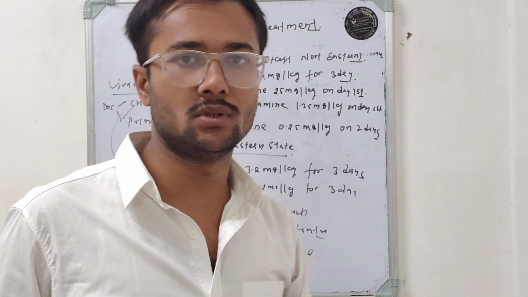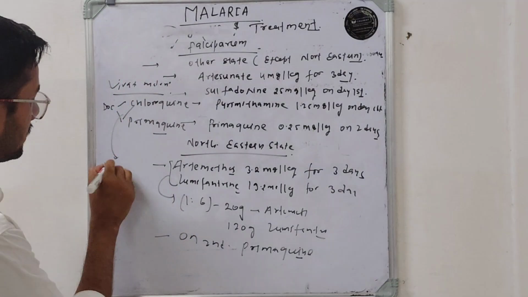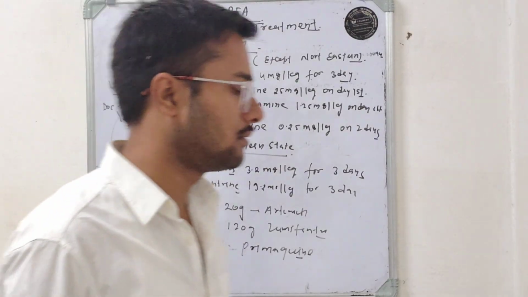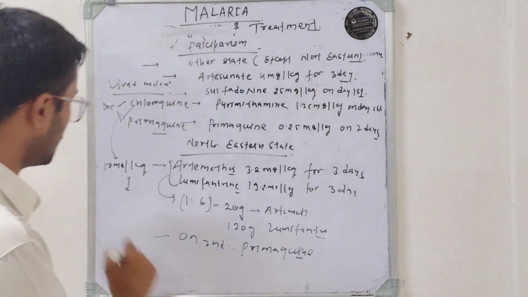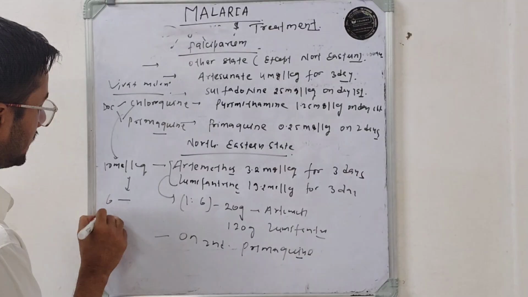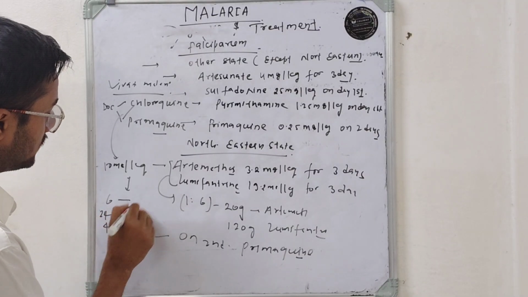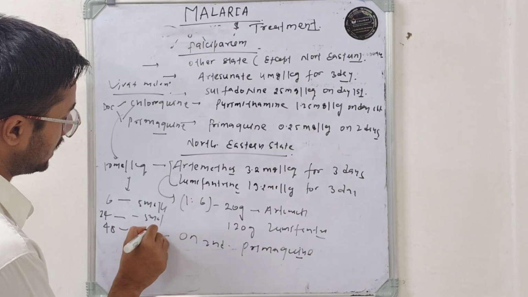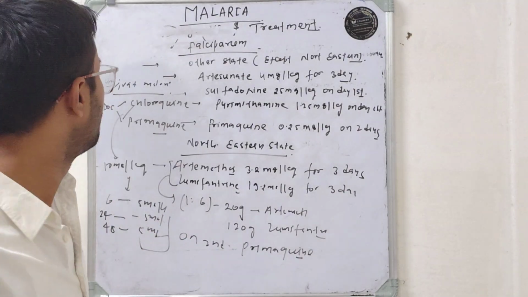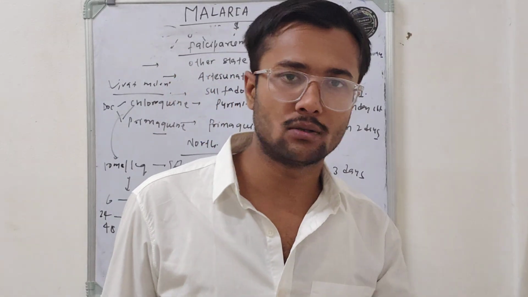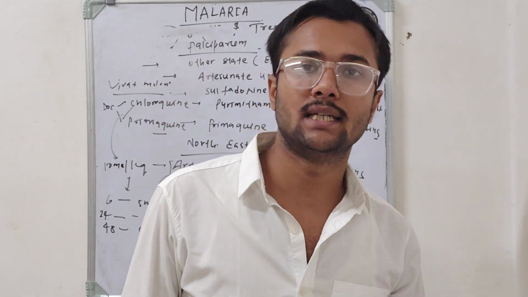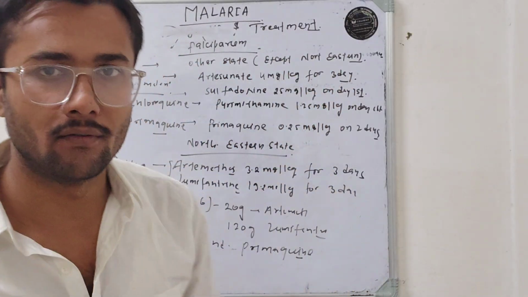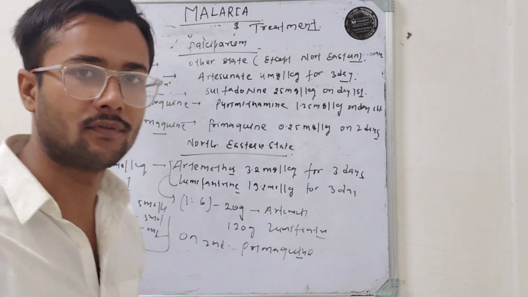When a patient comes to your hospital, we start with 10 milligram per kg, and after the start of 10 milligram per kg, at 6 hours, 24 hours and 48 hours, we give 5 milligram per kg each. So in case of vivax malaria, we start chloroquine at 10 milligram per kg, then at 6 hours, 24 hours and 48 hours, we give half of its dose, I mean 5 milligram per kg.